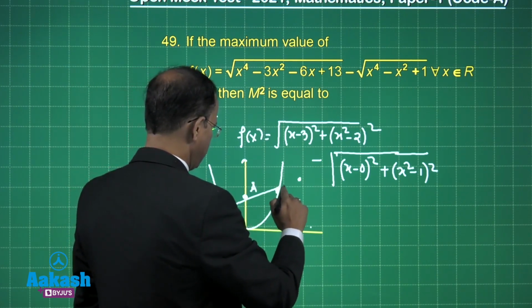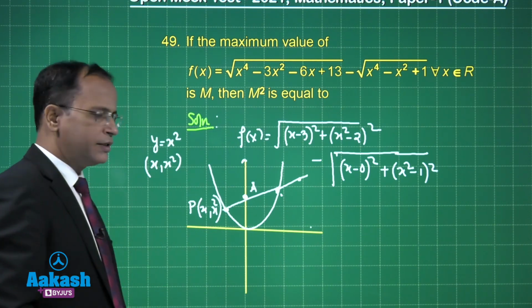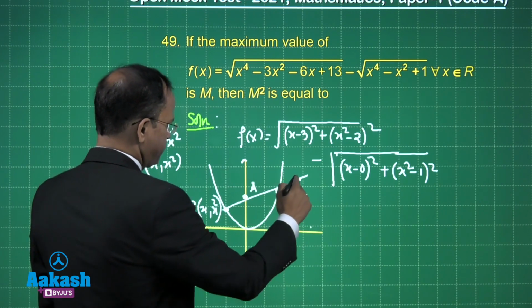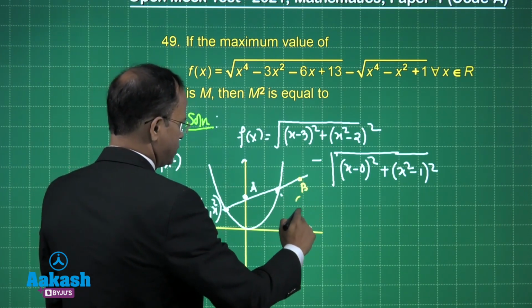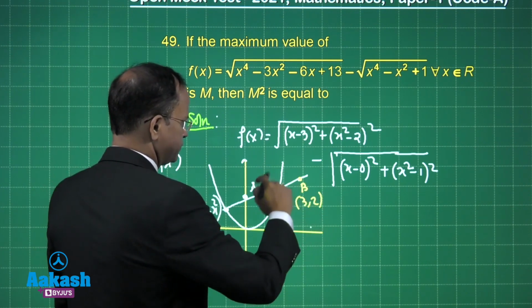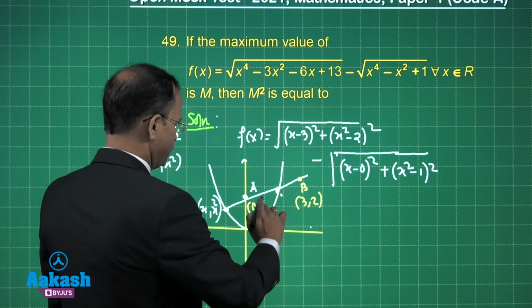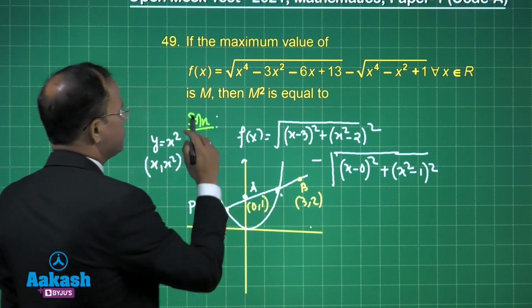So this is P, this is A, and somewhere we have B, which is (3, 2). Then we have the point (0, 1). So we have to find the maximum value of this.